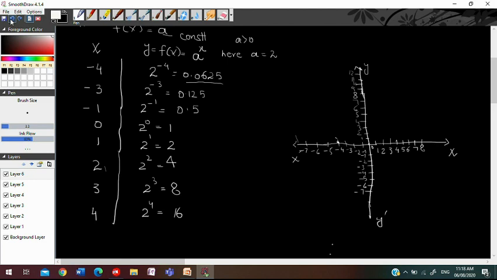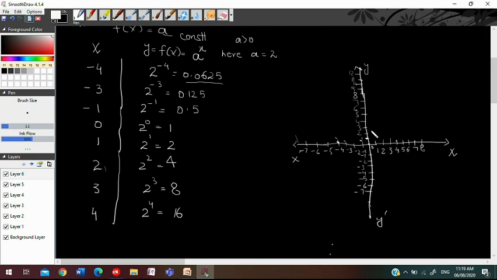Okay, now the first value is over here, the second value is here, then the third one from -1. When we have -1, we have 0.5, this one, and then at 0 we have the value 1. When x is 0, y is 1, and then when we have 1 on the x-axis, coming to the positive side, the y value is 2, then 2 and 4.